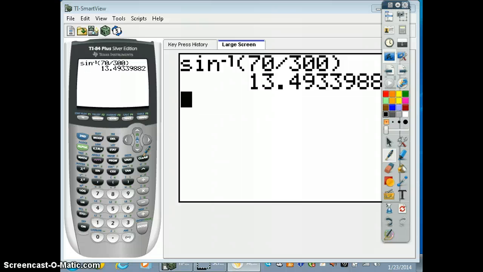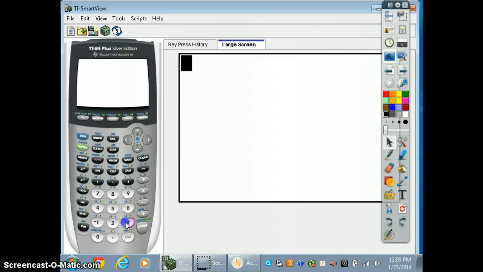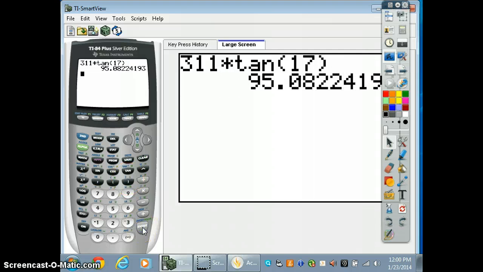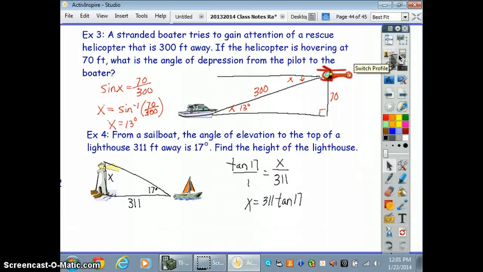Okay, so that was 311 times the tangent of 17. And it looks like it's 95.1. So x is 95.1 feet. That's how tall our lighthouse is.